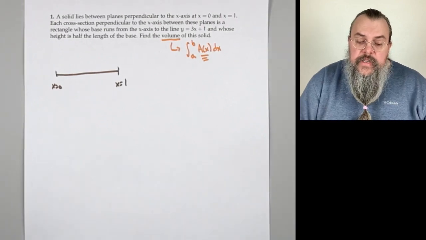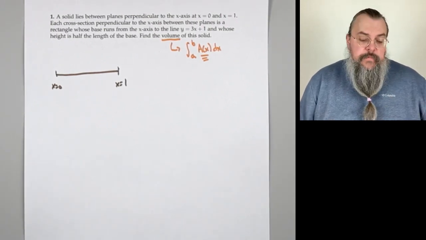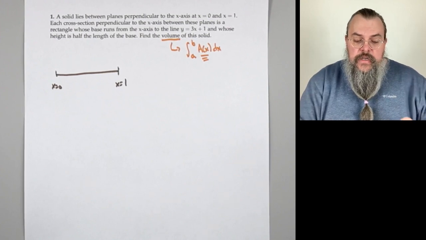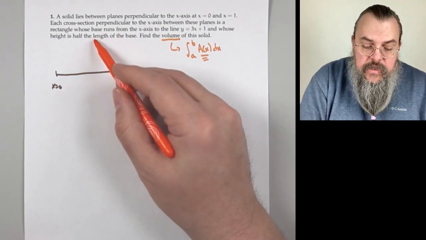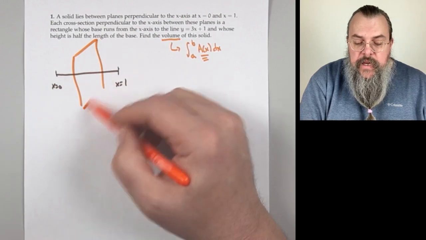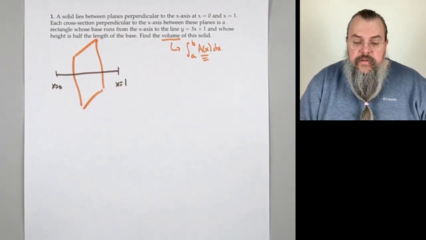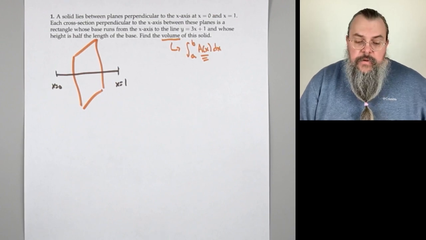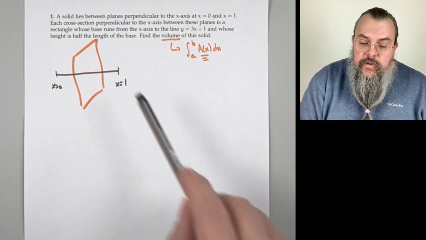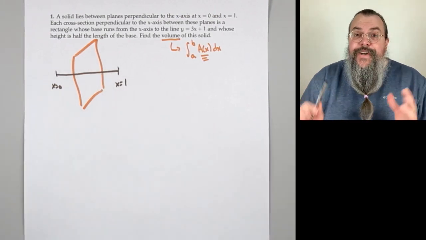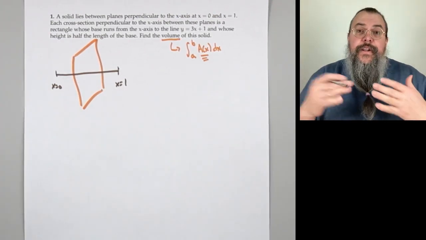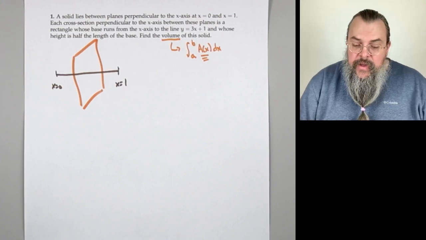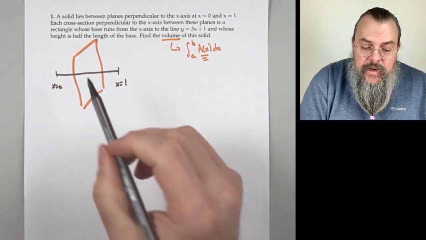Now it says we have a cross section perpendicular to the x-axis, so we're going to just draw a cross section here. We have our plane that's perpendicular to the x-axis. What does it look like? We're told it's a rectangle. That's good news for us, because the area of a rectangle is not too bad. The area of a rectangle is base times height. So we have to figure this out.